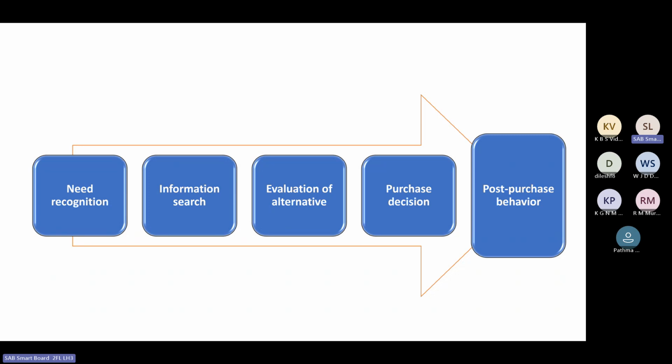No, this is need recognition. At the first stage, you don't need to worry about the quality of the camera, battery, or anything. You just need to recognize your need, your purpose, because at the information stage you search for that information. Then your purpose should be online learning.